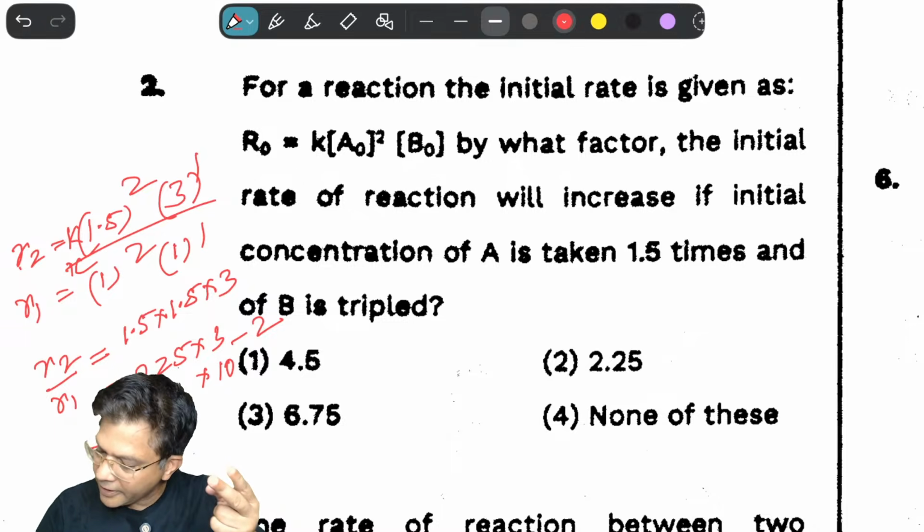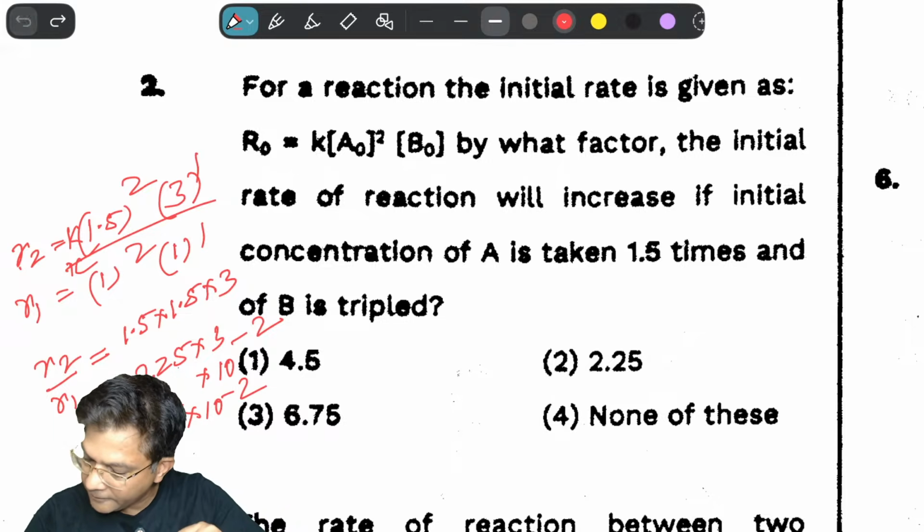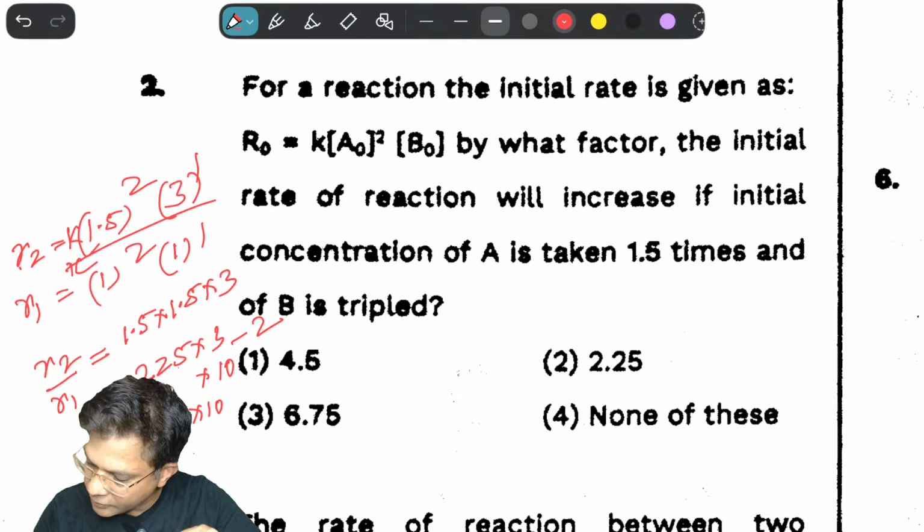So 675 into 10 raised to power minus 2. So it will become 6.75.